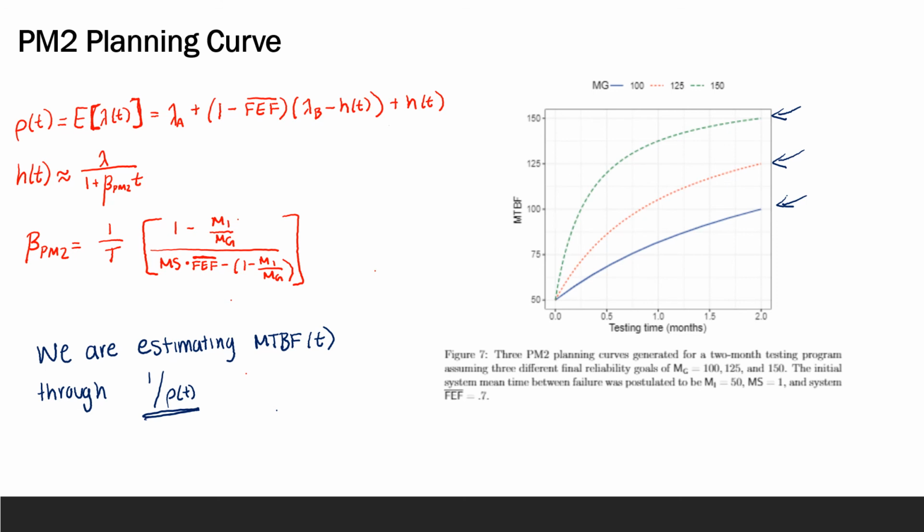So we see that the MTBF is a little slower to increase when we're looking at the 125 and 100 goal. And like we said, for the green dashed, which is the 150, we see a very early rapid increase in MTBF. So this is giving us an idea of what to expect should we run a test with 3 different goal MTBFs.